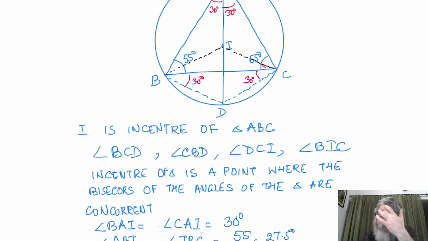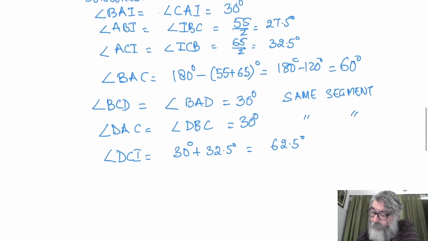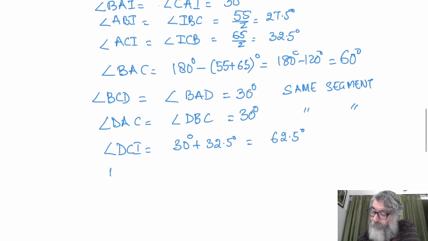Then he wants angle BIC. You have calculated this angle, this is half of 65, and this is half of 55. In triangle BIC, I know two angles and I have to calculate BIC.